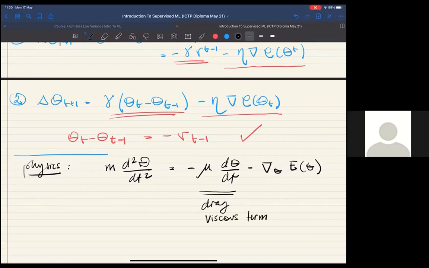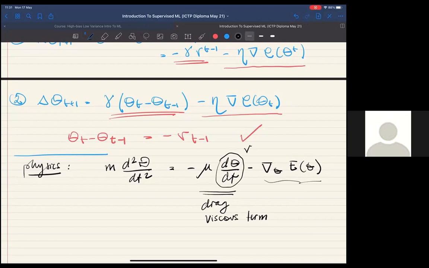So this is a term that is opposed to the velocity vector, so it's something that tries to reduce your velocity. So it's viscosity, right? This is the velocity vector here. Here, this is an energy term.